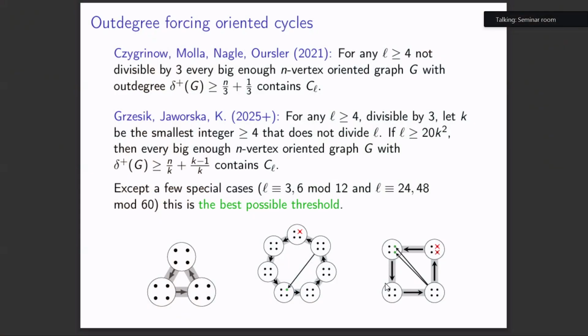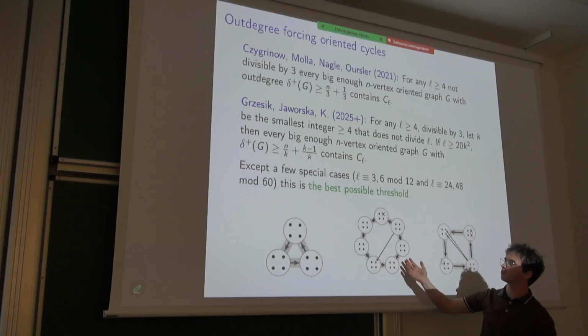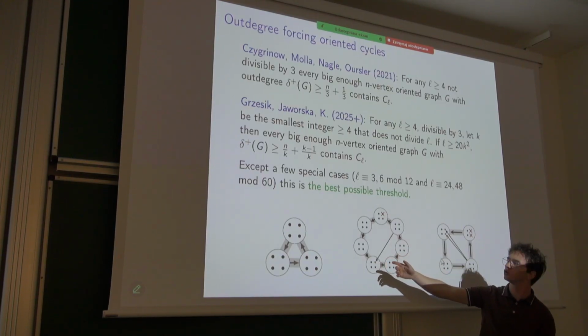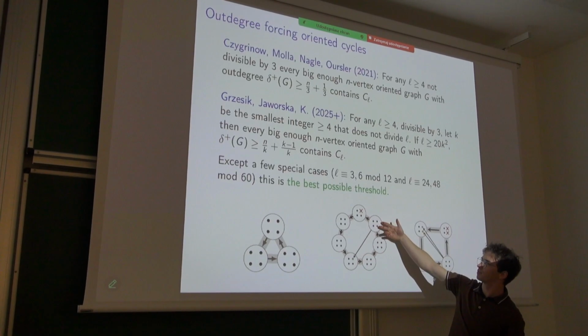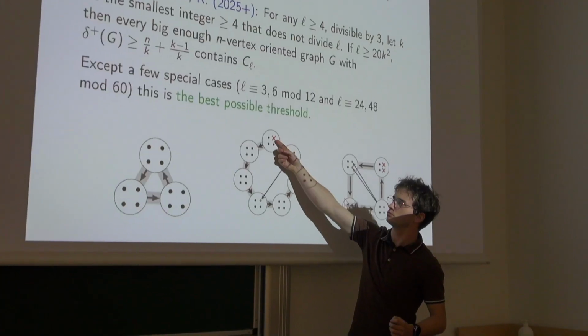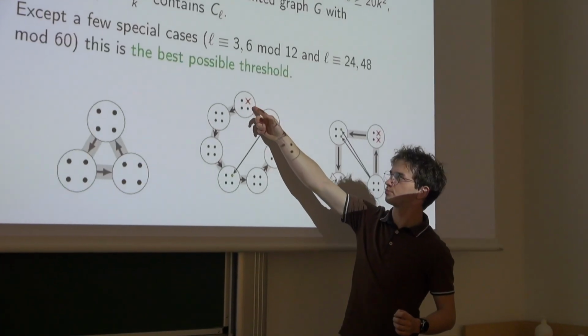I've drawn some drawings that will illustrate how we increase this outdegree by this small constant while also not creating CL. Basically, we take a blob, in this case a blob of C7, and we take a single vertex and remove it.